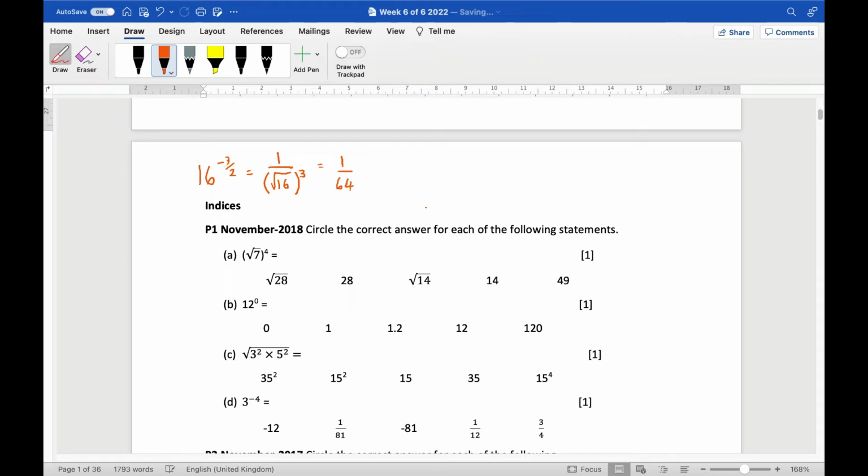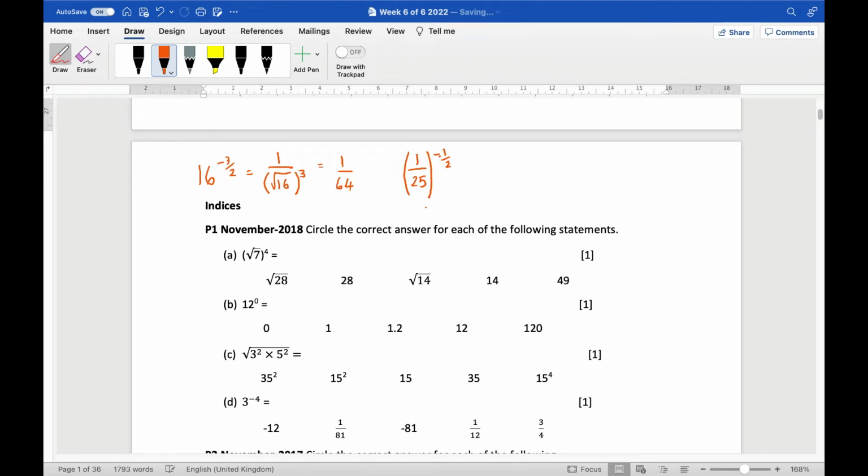Like I said, minus means reciprocal. Just be careful. Reciprocal doesn't necessarily mean 1 over. It generally does, but it can mean to flip a fraction. So if I had something like 1 over 25 to the power minus a half, possibly they'd put that in brackets.